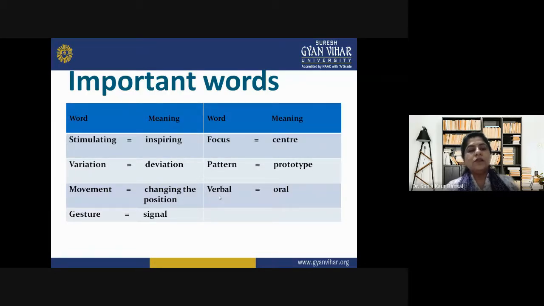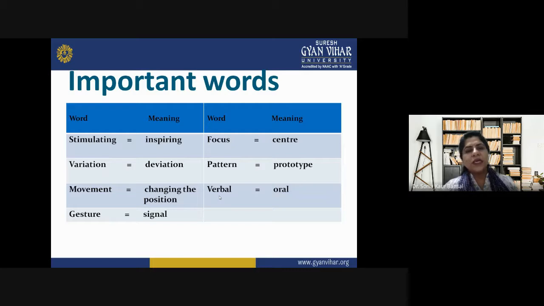All right. Then we are talking about movement. Movement is related to the classroom movement of a teacher, which is changing the position in the classroom from time to time. Sometimes some teachers are standing at one side and teaching the whole content. That is not appreciable.